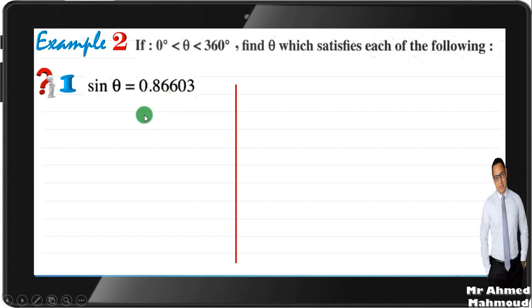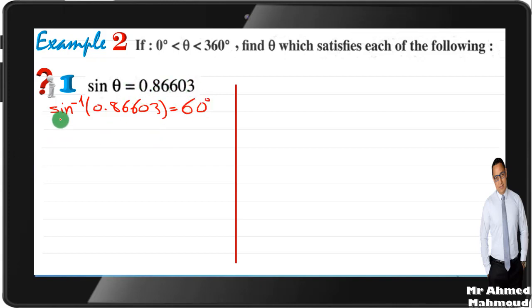The first step, I will write shift sine 0.86603, which equals 60 degrees.